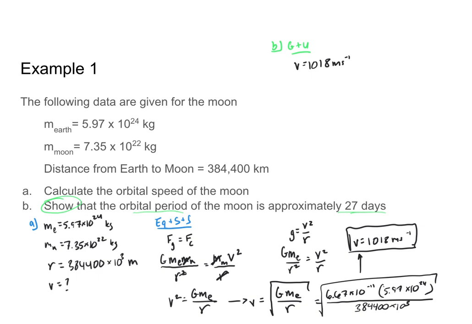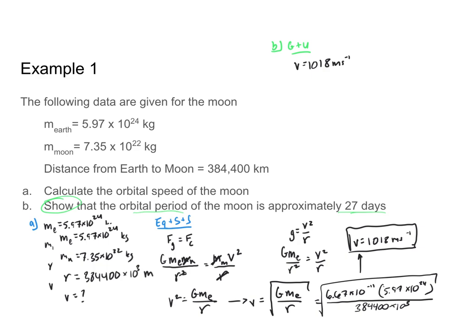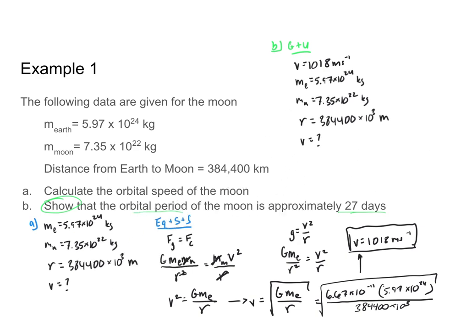I know all of this other information about the mass of the Earth, the mass of the Moon, and the distance as well. I'm not going to copy that down a second time. Let me copy and paste it around. There we go. And we can cross off v equals question mark, because now I'm trying to find T.